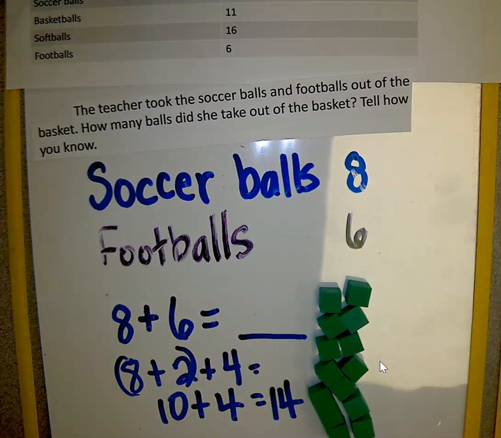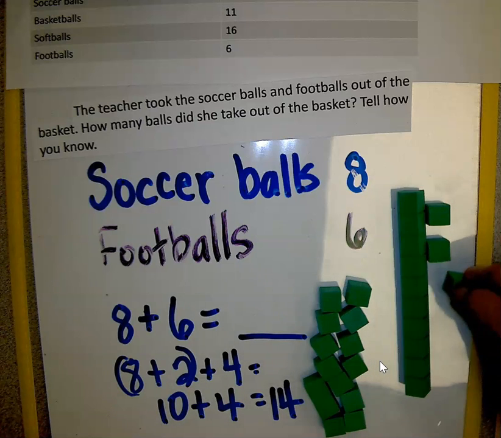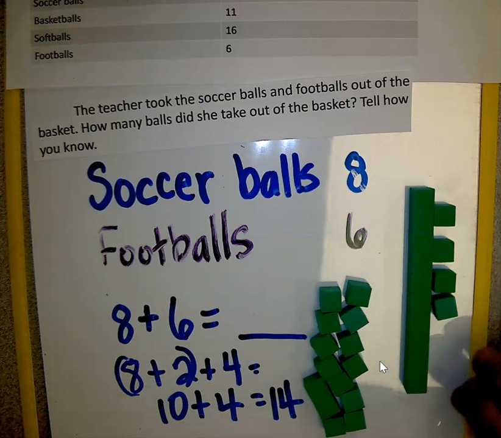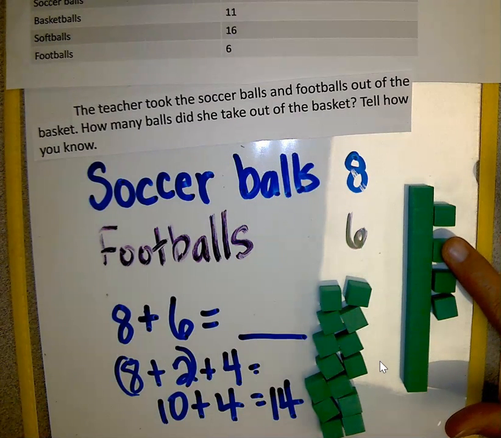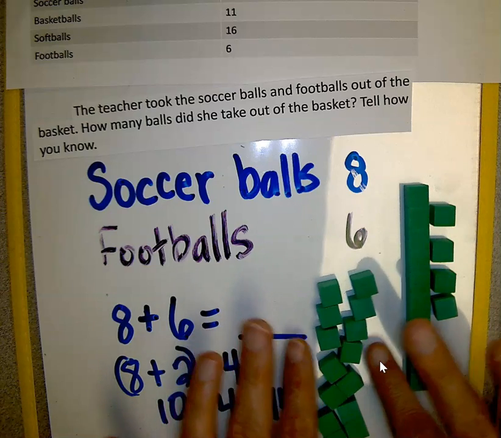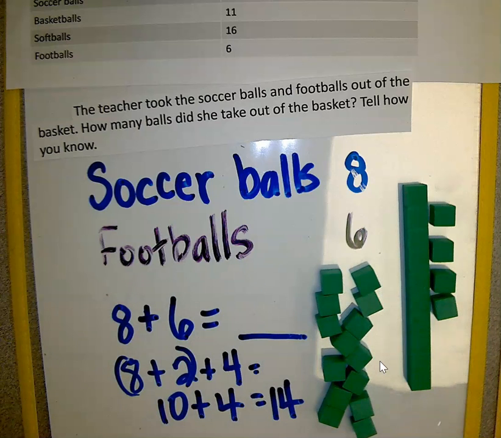So if I have my base 10 blocks, what's another way I can do that? 10, 11, 12, 13, 14. So I know that 1 ten and 4 ones represents 14, and also 14 ones represent 14. Let's look at our data some more.